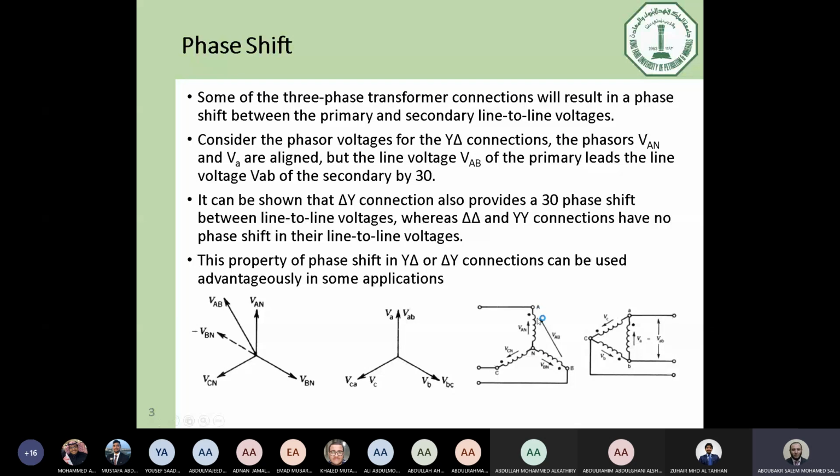So the relation between VAN and VAB can be recognized from the phasor diagram. If we assume VA in this direction, so this is VB and this is VC, with 120 degree phase shift between all of the three phases. In order to get VAB, we need to calculate VA minus VB.